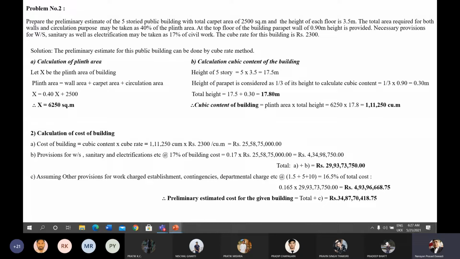For the parapet wall, 1/3 of the parapet height is considered for taking the total height of the building for calculating the preliminary estimate.